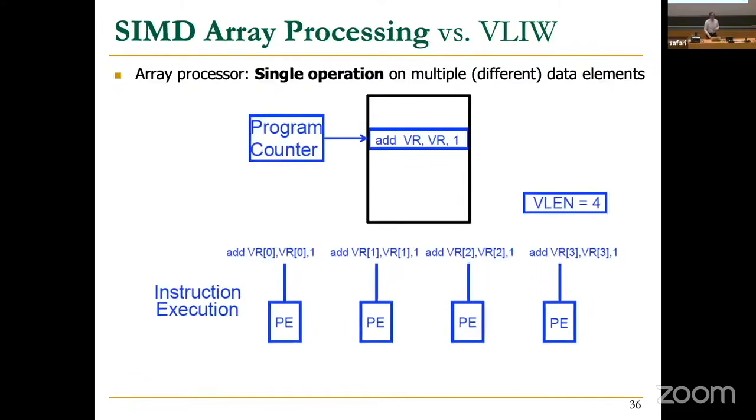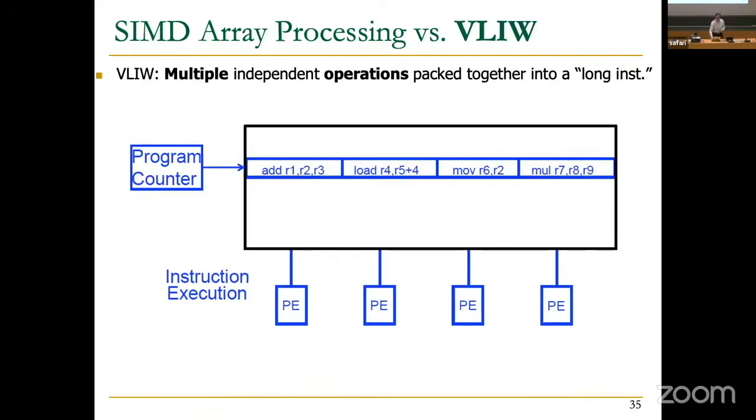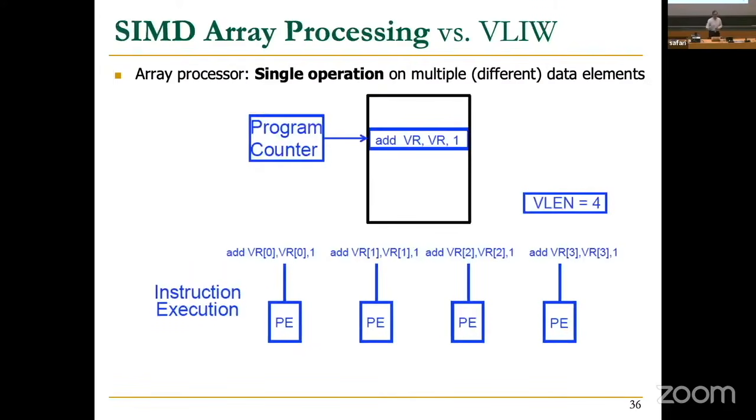Array processor also guarantees that this instruction specifies 4 operations, in this case, vector length is 4, that can be concurrently executed because they're independent of each other because of a different semantic property. In VLIW, the compiler guarantees that these are semantically independent. In this case, yet again, the compiler or the programmer guarantees that these are operating on different data values, right?